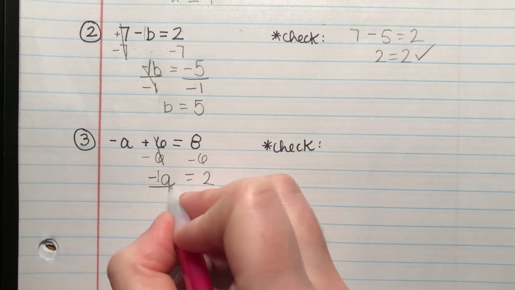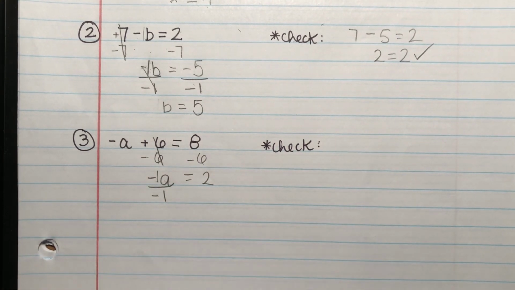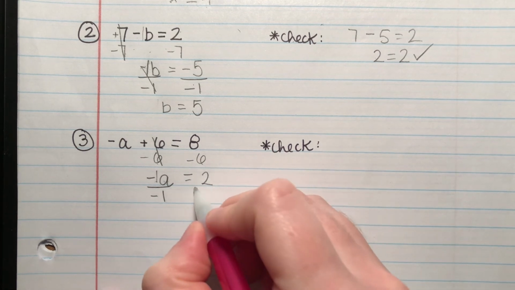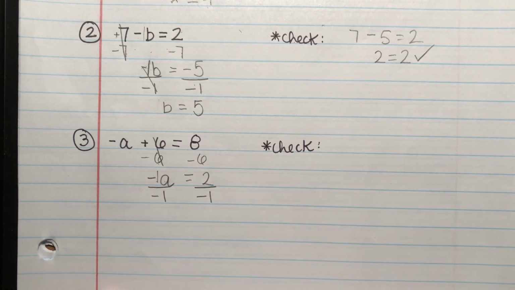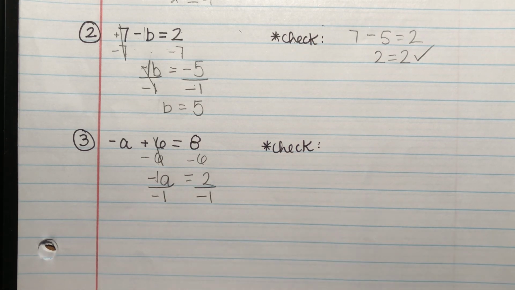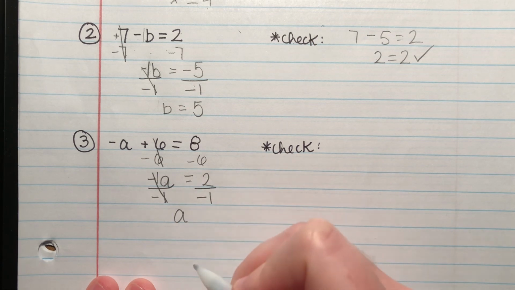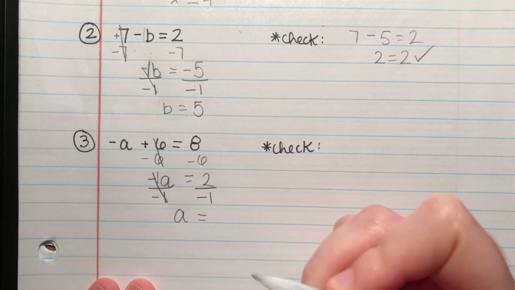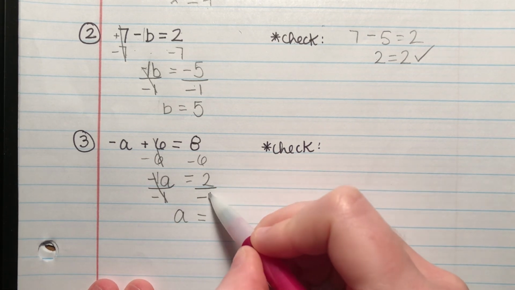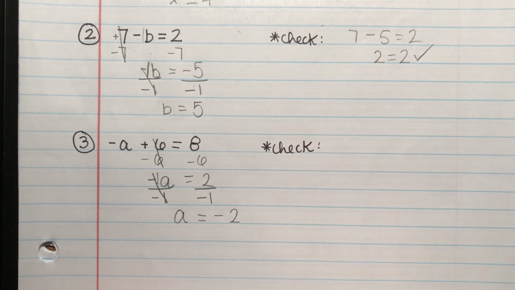I'm going to divide them. So negative a, negative 1a, divided by negative 1. And whatever I do to one side, I have to do to the other side. All right, so negative 1 divided by negative 1 is going to give me positive 1, so that will just cancel. So I'm left with a, or 1a, equals 2 divided by negative 1. It's going to give me negative 2.